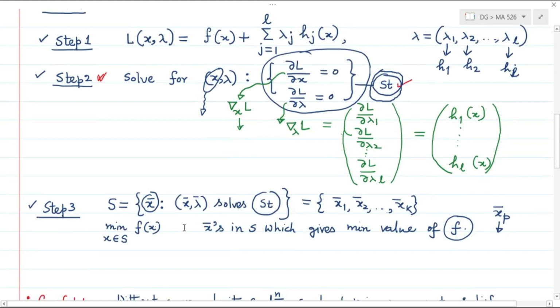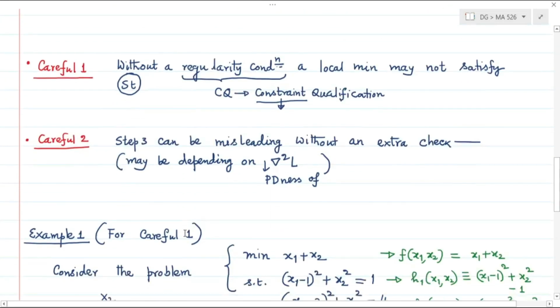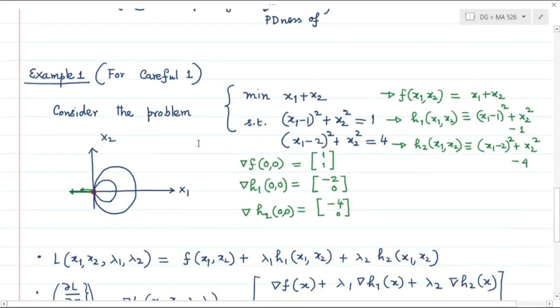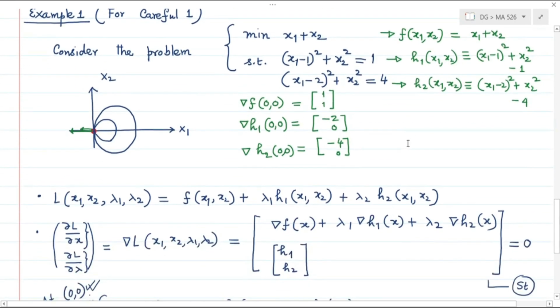And not only local minimum, obviously your global minimum also can be missed out, and that is what is happening in this example. In example 1 we deliberately apply the Lagrange's multiplier rule, and ultimately what we get is that step 2 is not satisfied by the global minimum for this problem.